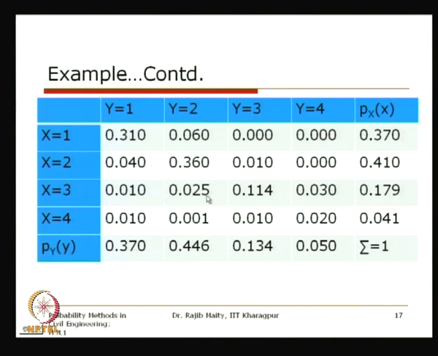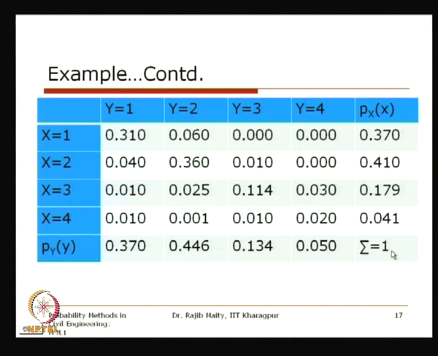If we get a summation equal to 1, then only it will be a valid PDF, because we have already said that there are 4 possible states, and beyond this no other outcome is possible. That is why the summation of the probabilities should be equal to 1. That is what is shown here.